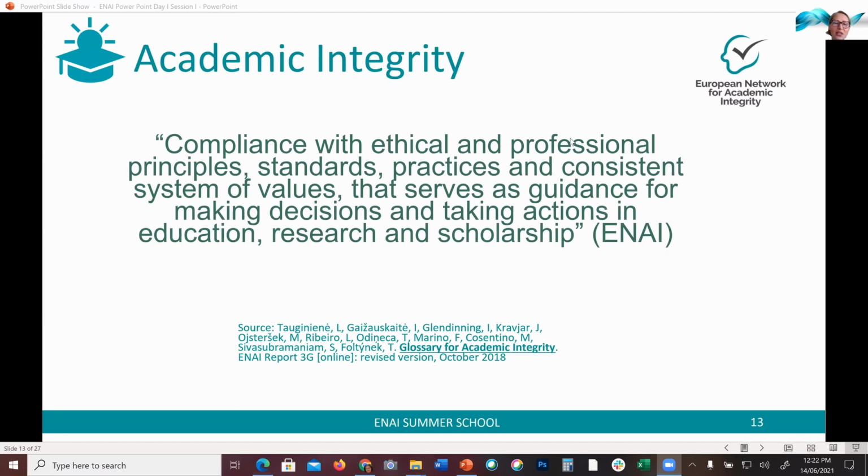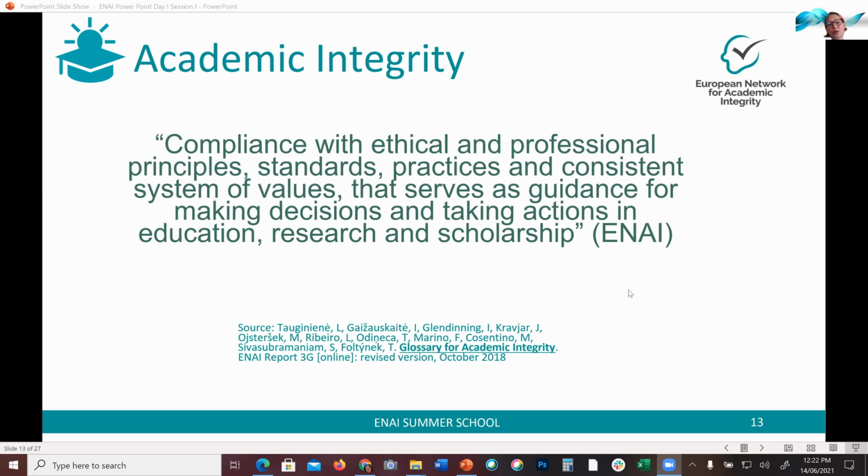So you can see that those ideas that you had individually and put on the cloud basically come together in this definition of academic integrity.